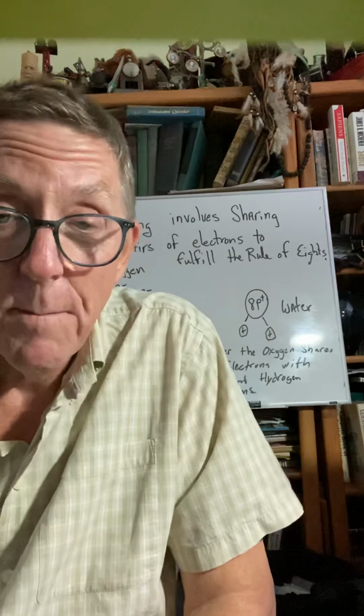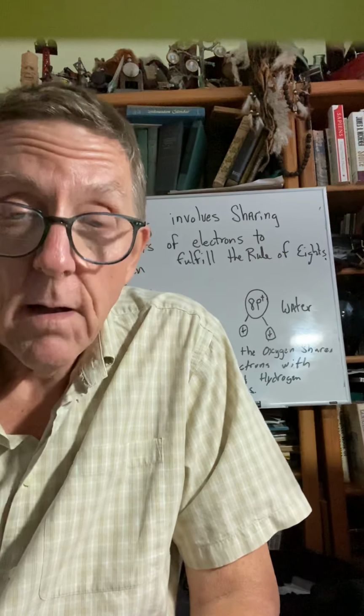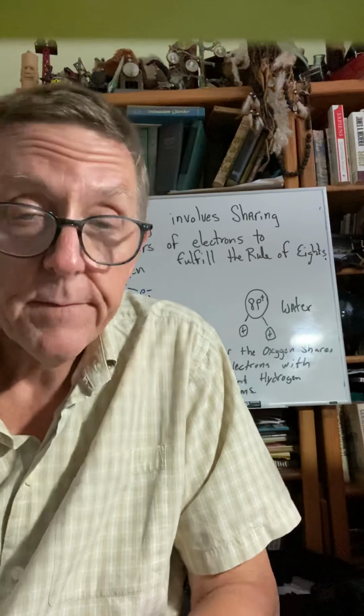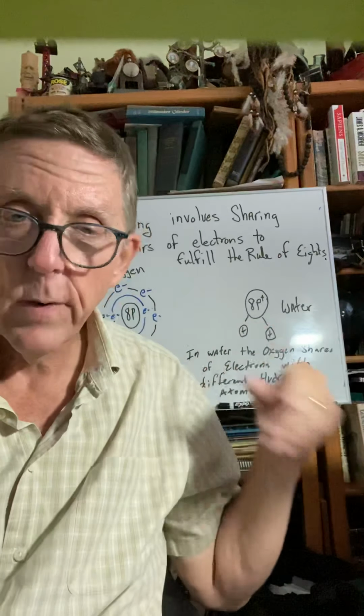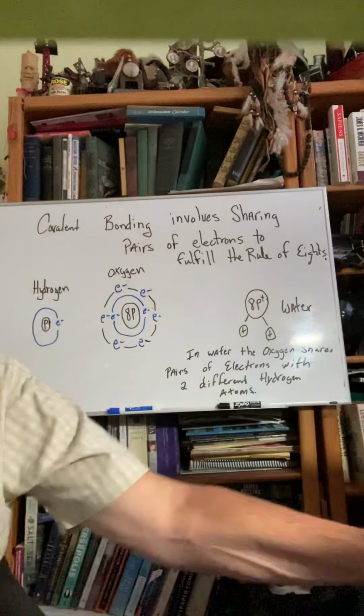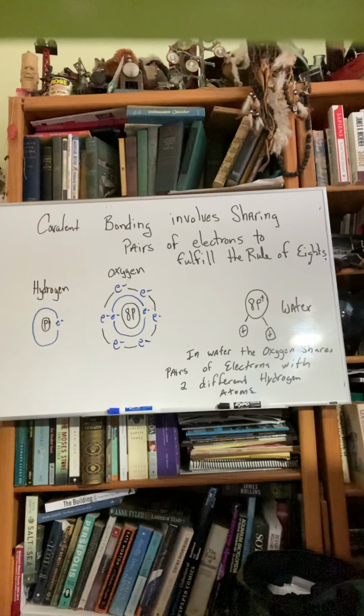chemicals because they have a different number of outer electron shell electrons. And so if we look at oxygen, I've got hydrogen drawn up here, and I have oxygen drawn up here. If you just remember, we had said hydrogen has a single proton, so a single electron, and it only needs one.